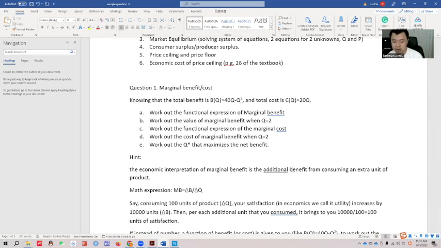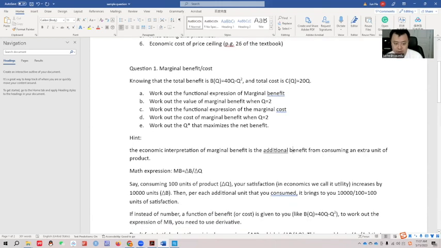Okay, so how do you understand it? For instance, if I'm consuming 100 units of products, like 100 units of sweets or candies, my satisfaction increases by 10,000 units. That's the consequence.